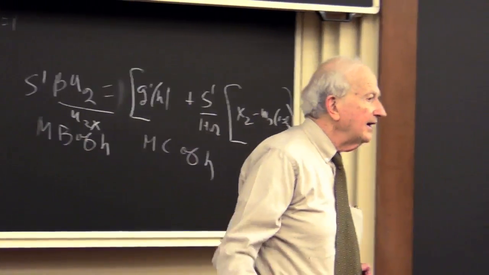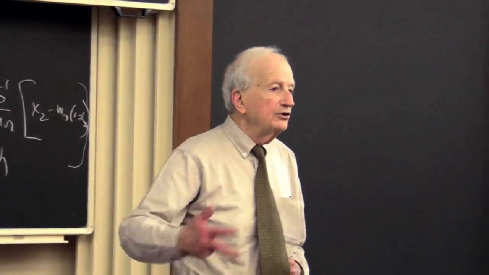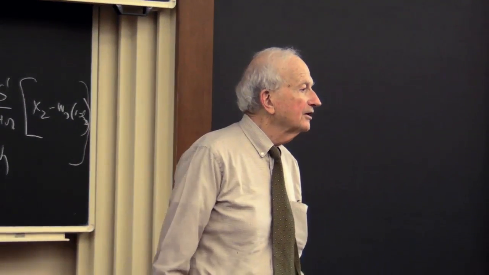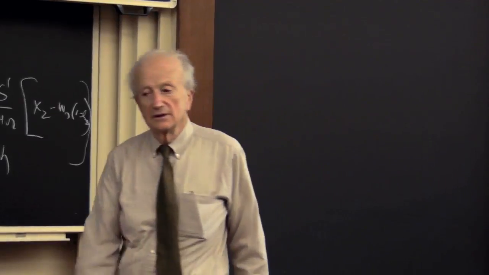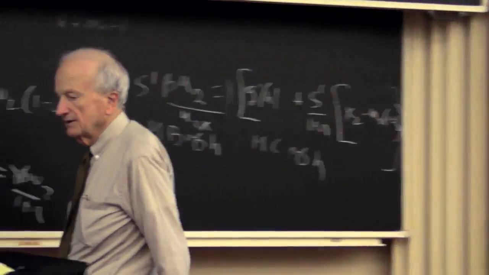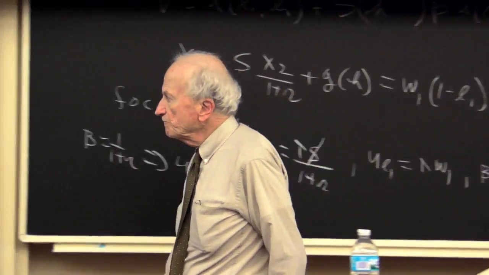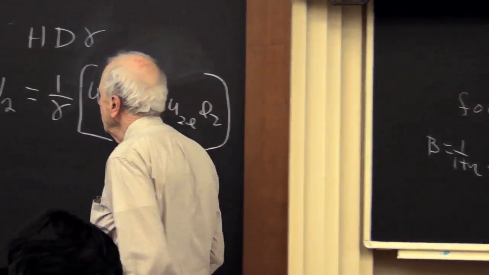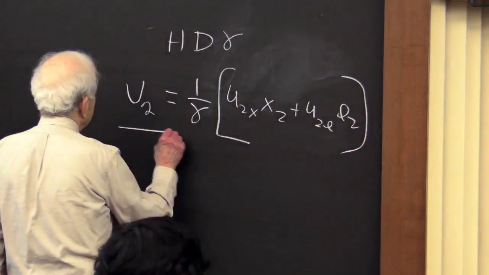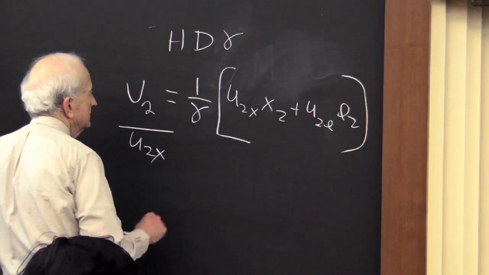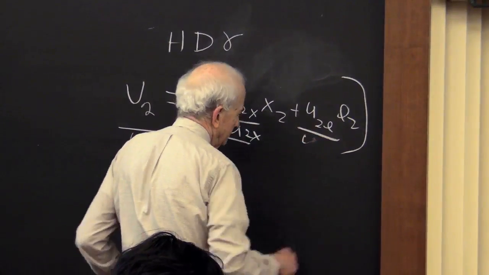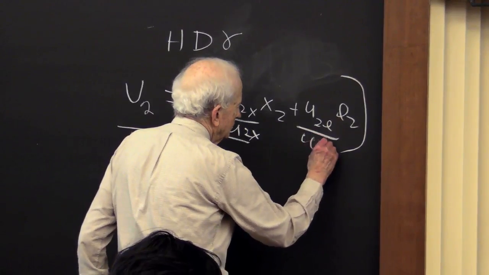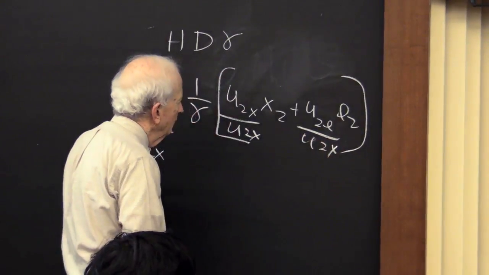If gamma is 1/2, then utility is double what you get from the marginal products effects alone. Right? It's twice as big. I'll give you some numbers on that later on. So now, if we look at this thing, divide this by U2x, what do we get?